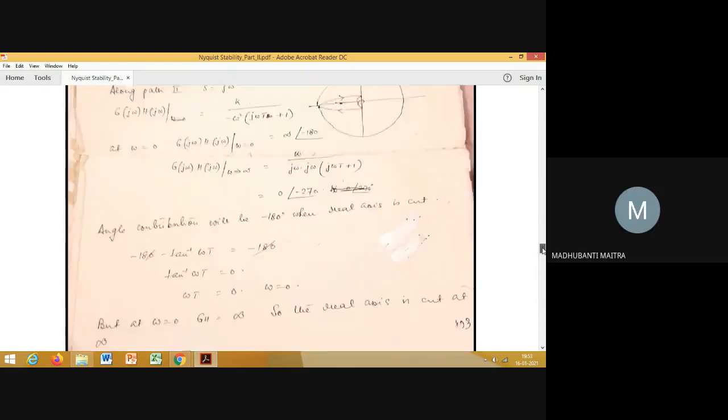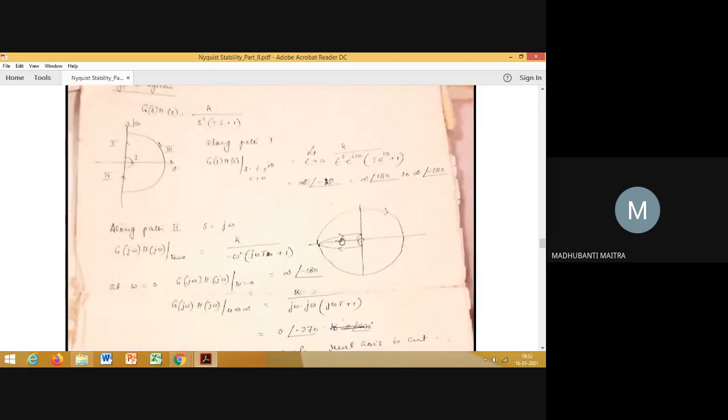Yes, ma'am. Now, if the path intersects the negative real axis at a point, then at that particular point, the phase angle of the GH phasor will be equal to minus 180 degree. Suppose the path intersects the negative real axis at a point whose magnitude is 2, and the point is lying on the negative real axis.